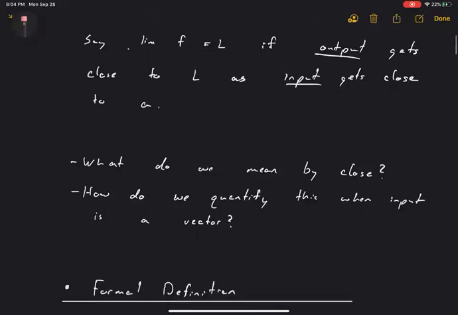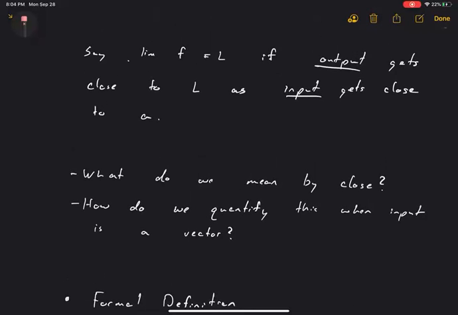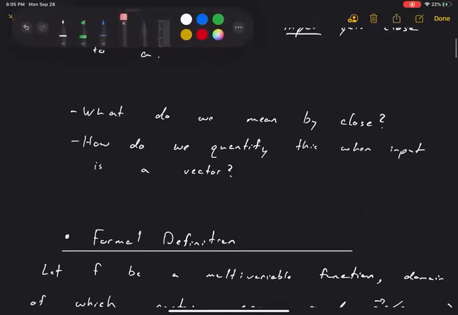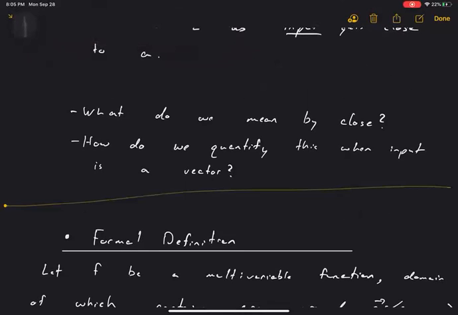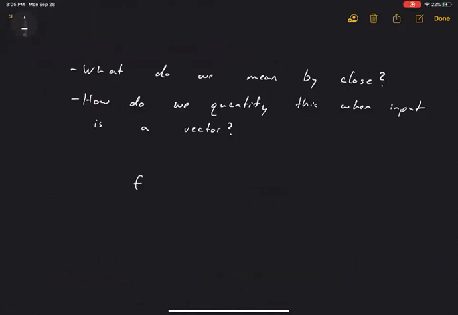This raises some questions like, what do we mean by getting close to, and how do we quantify this when the input is not just a number like we're used to, but a vector? So what are we used to? We're used to something like this when we're talking about a function from R to R. We might see a limit like this.